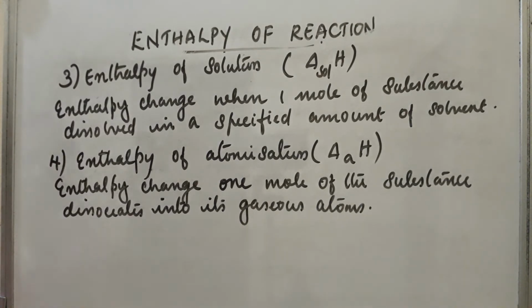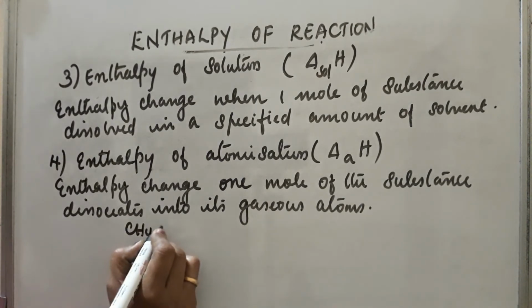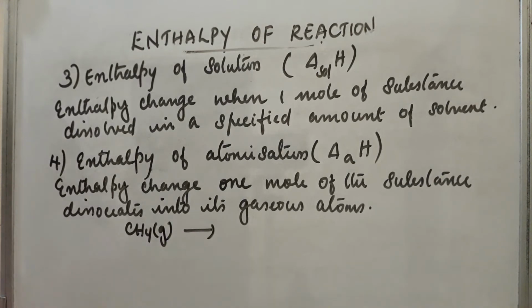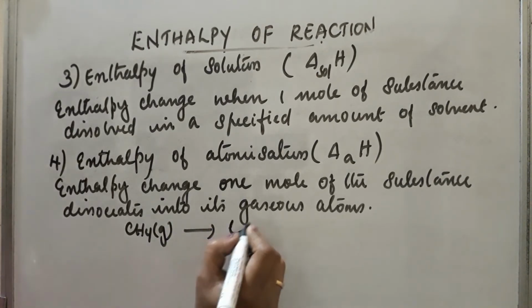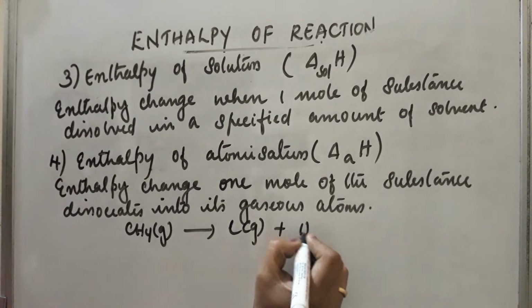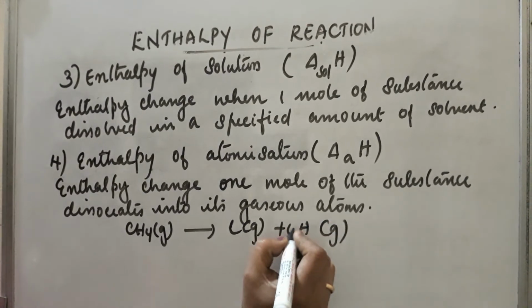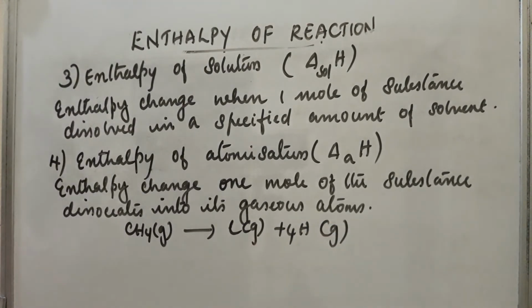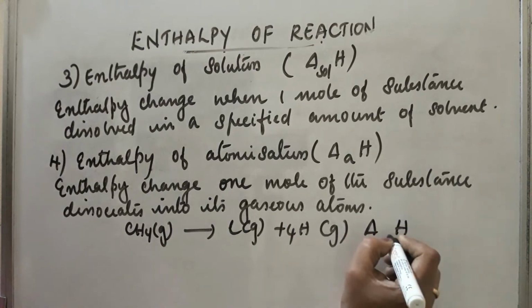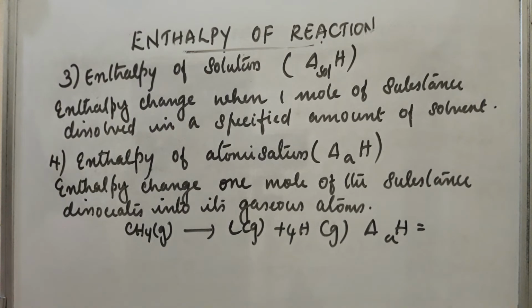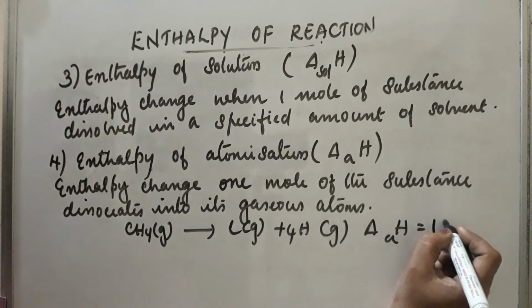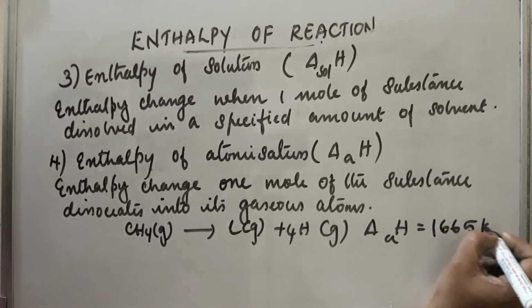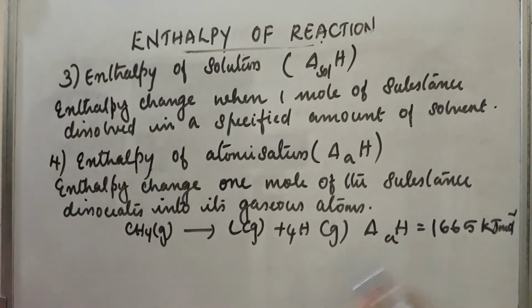We can represent it as delta H of A. For example, CH4 gas gets converted into its gaseous atoms, carbon atom and hydrogen, and delta H is found to be 1665 kilojoule per mole. This much energy is absorbed during the reaction.